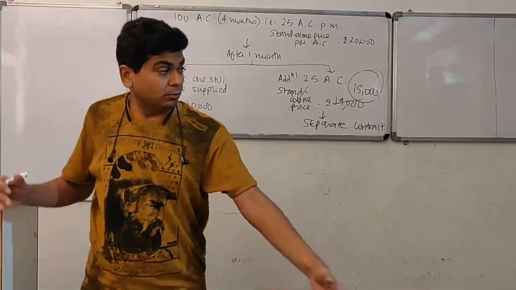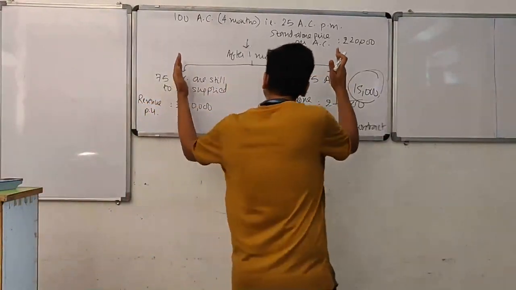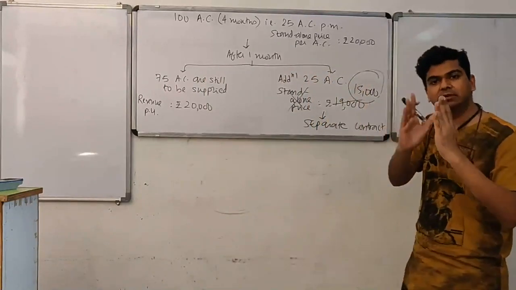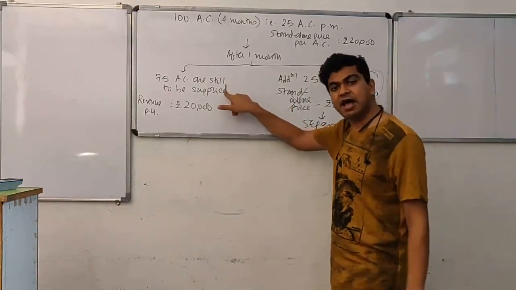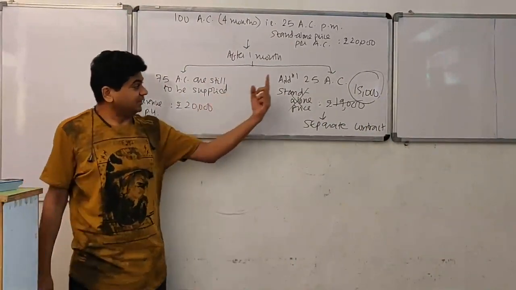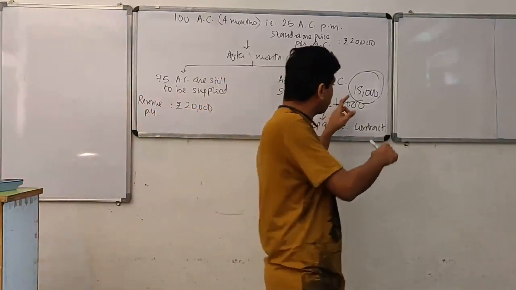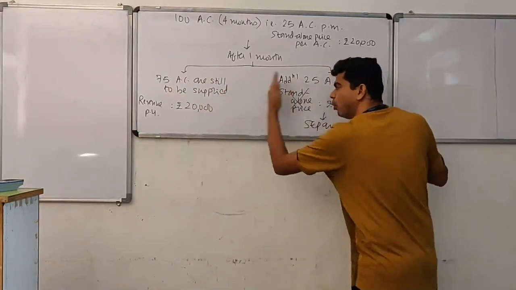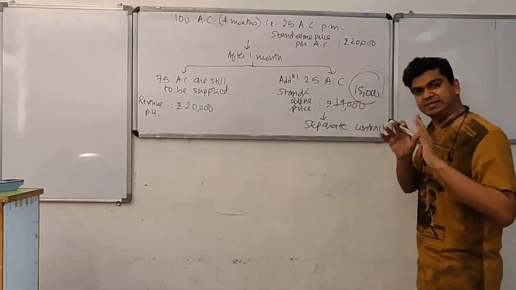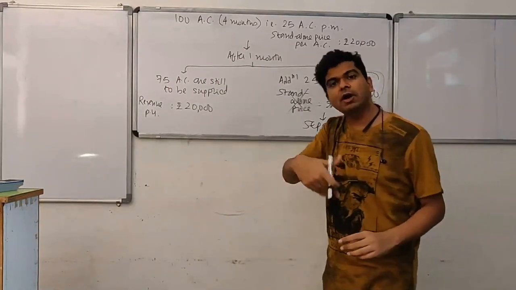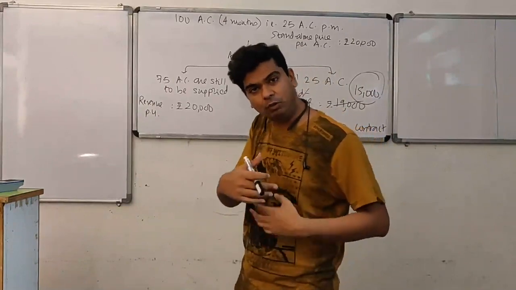Because you as a supplier are seeing these two contracts together. You are thinking that these 75 air conditioners I will supply at 20,000 and these 25 air conditioners I will supply at 15,000. But when I consider both of them together as a supply of 100 air conditioners, you feel that you are earning a sufficient amount of money.